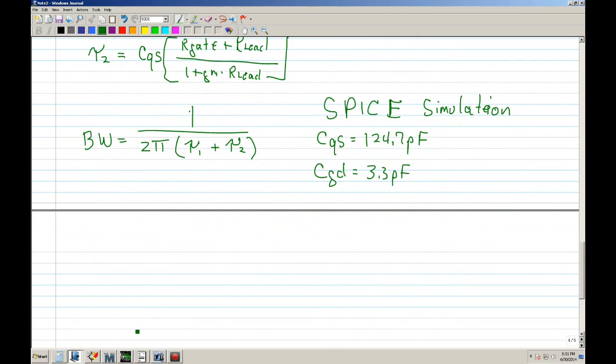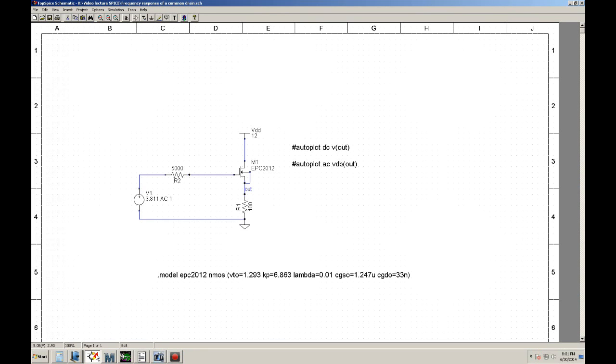The resistors that I'll be using is 5K for the gate and 100 for the source. So let me go ahead and write that down.